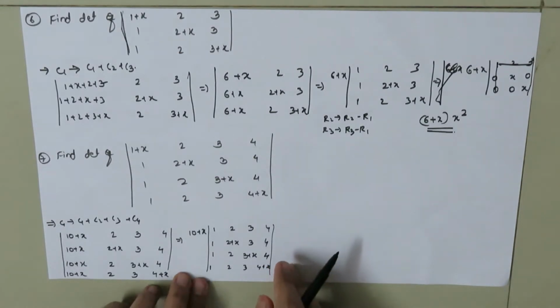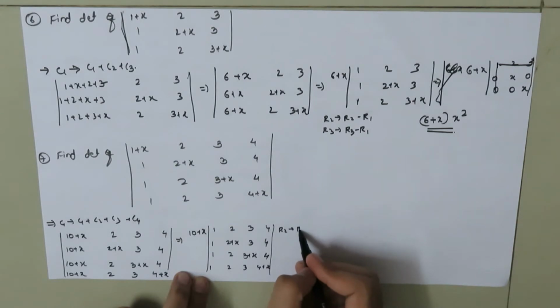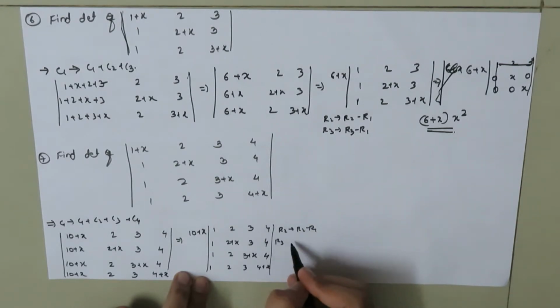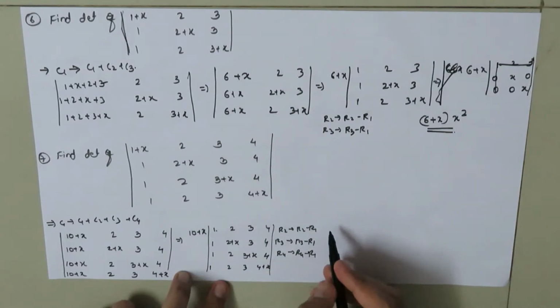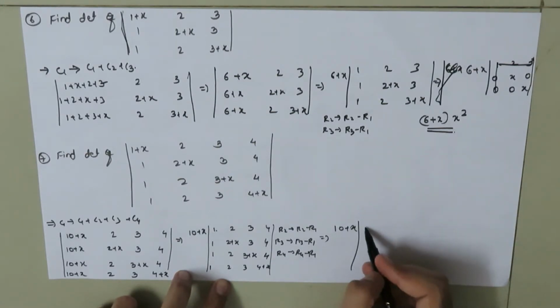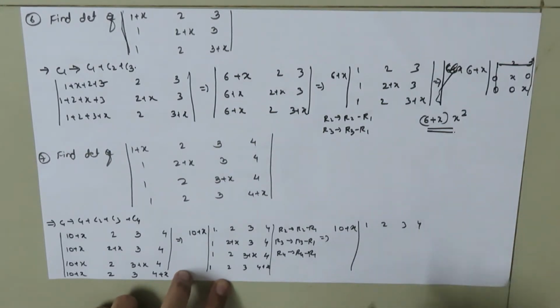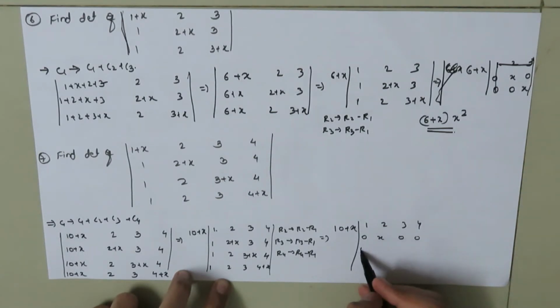And now if we do the row operation, R2 becomes R2 minus R1, R3 becomes R3 minus R1, and R4 becomes R4 minus R1. Then we can write this as 10 plus x times 1, 2, 3, 4; 0, x, 0, 0; 0, 0, x, 0; 0, 0, 0 and x.